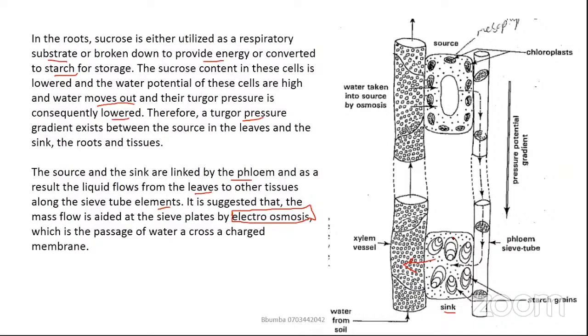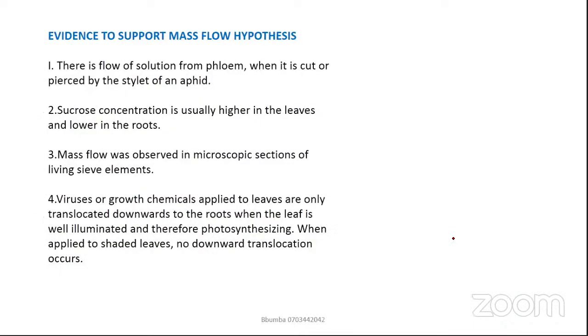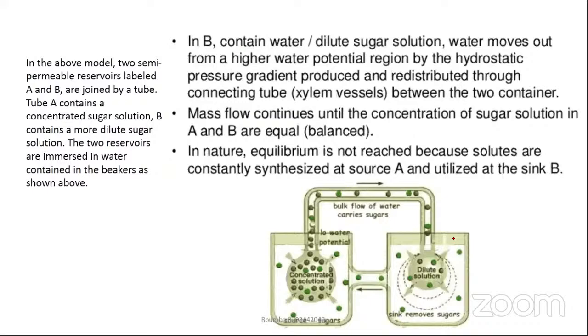And how did he set up his model? Now, this is his model. I tried to get about 3 pictures explaining Munch's model. Here you could have, let's say, a beaker which is connected to the other beaker.